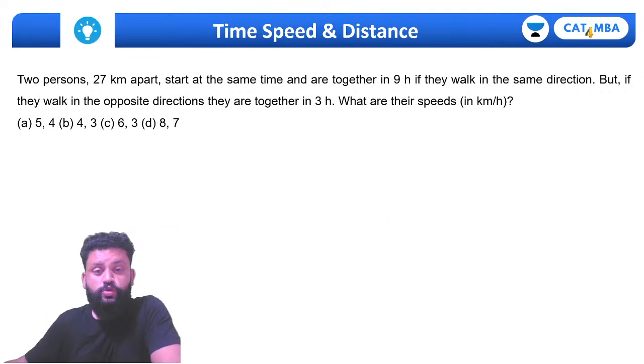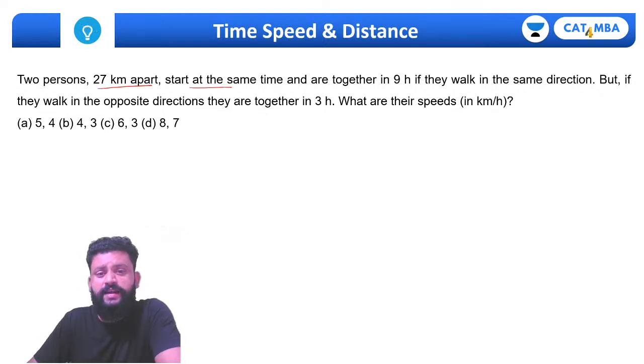So this is the session just to understand the basics. Okay, so two buses 27 kilometers apart start at the same time and are together in 9 hours if they walk in the same direction.